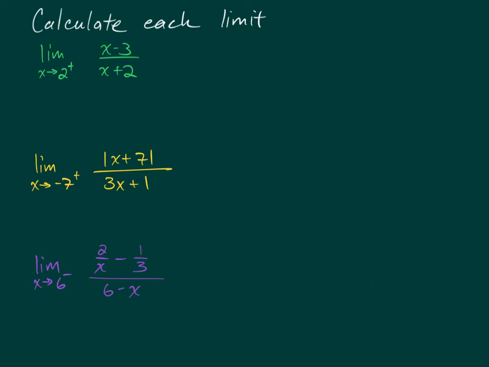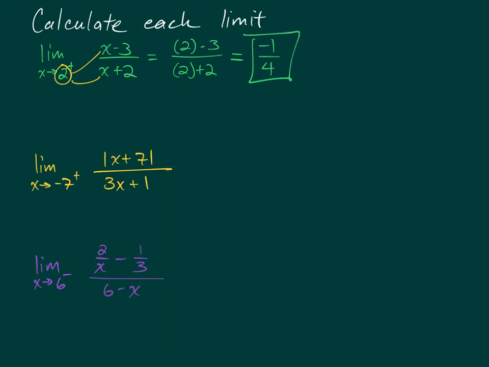So here, the very first thing we will do, when we're trying to find the limit as x approaches 2 from the right of this function, is directly substitute the 2 in. And when you do that, you'll get a function that looks like this: 2 minus 3 over 2 plus 2. So you can simplify the numerator and denominator to get -1 over 4.